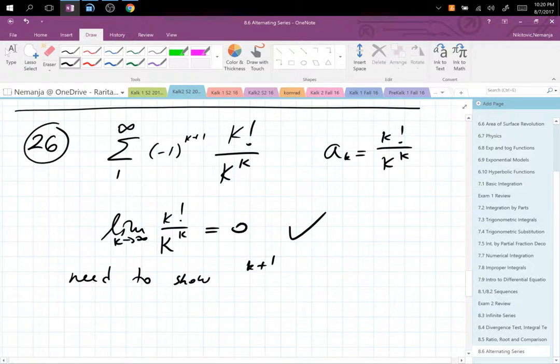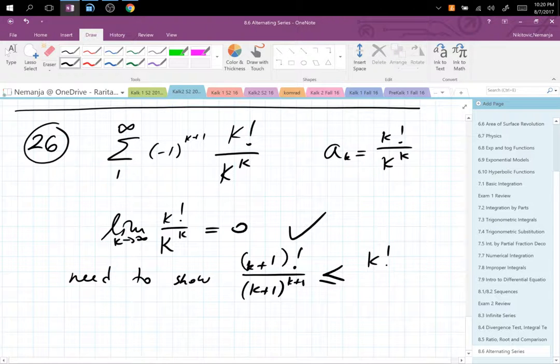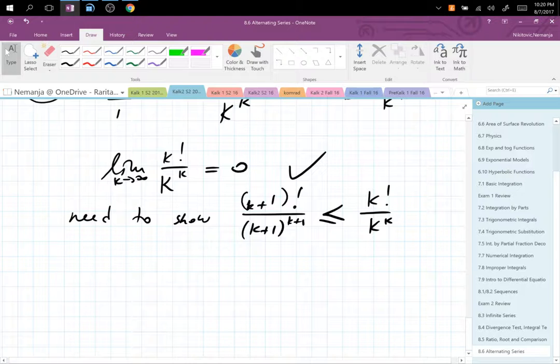And then I need to show that (k plus 1) factorial over (k plus 1) to the k plus 1 is smaller than k factorial over k to the k. I need to show that. So what do you do? Cross multiply, and then peel off and do some stuff.